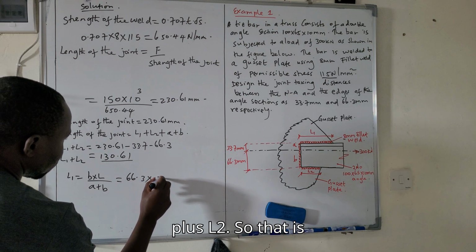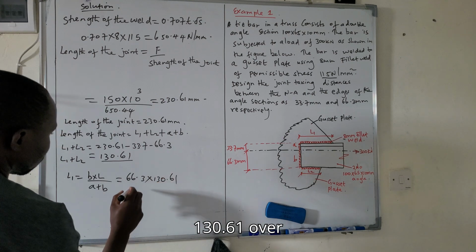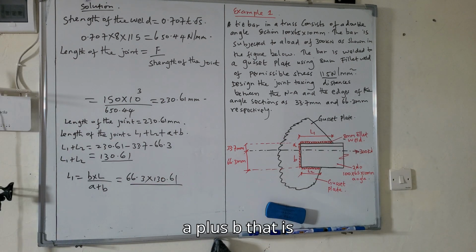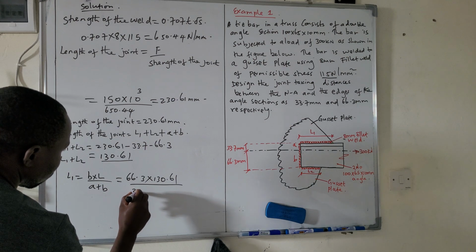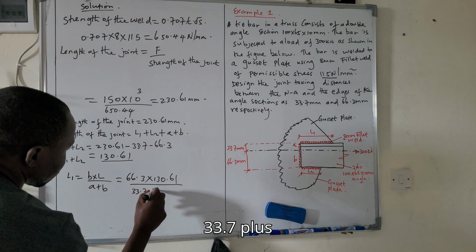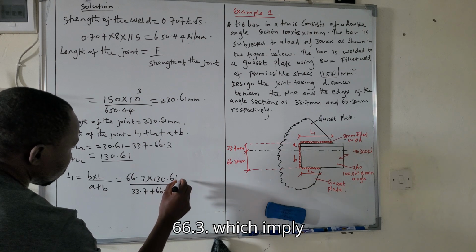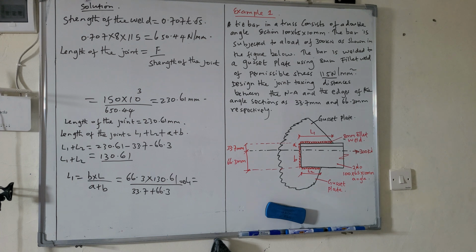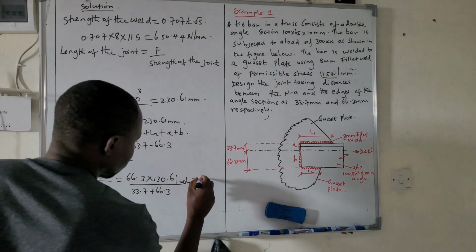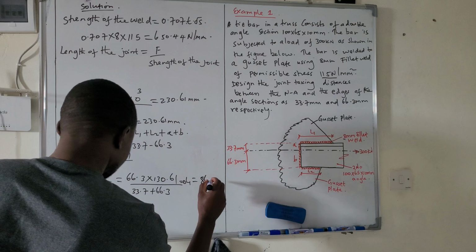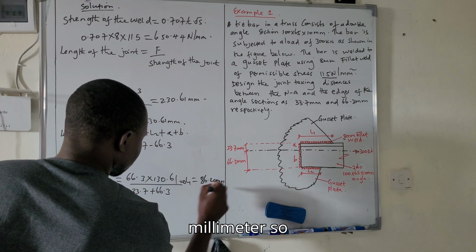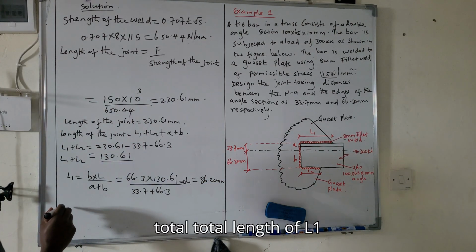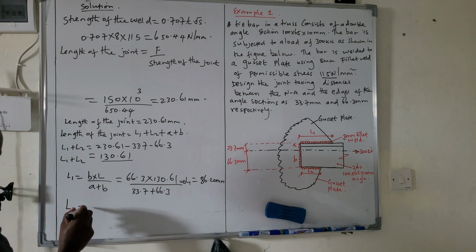So that is 130.61 over A plus B, that is 33.7 plus 66.3, which implies L1 is equal to, so the answer is 86.20 millimeter.